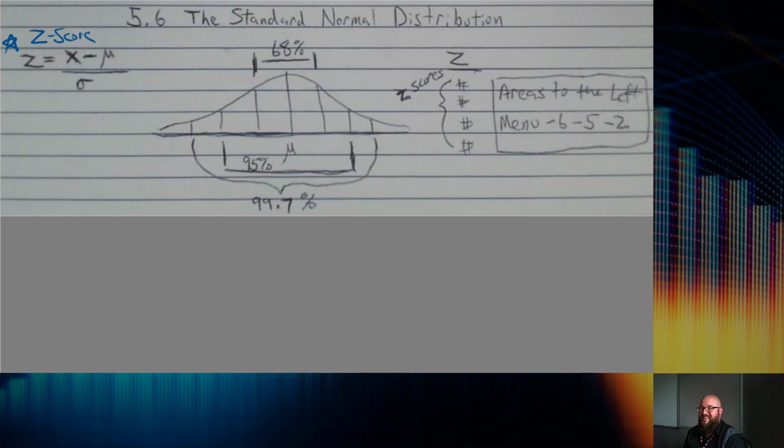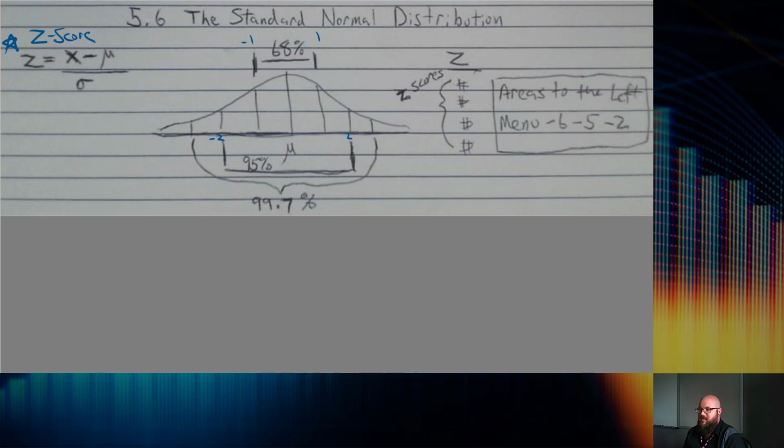We're going to look at the curve a lot today and really help explain it a little bit more. What these percentages mean is that between -1 and +1 standard deviation away from the mean, 68% of the data is going to fall. Between -2 and 2, 95% of the data is going to fall.